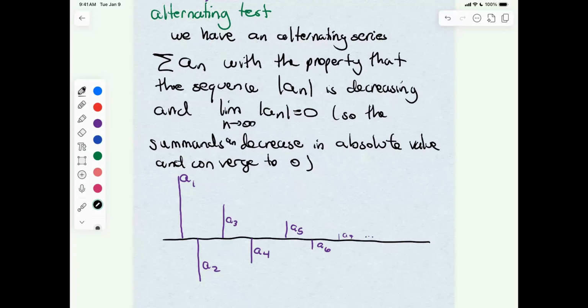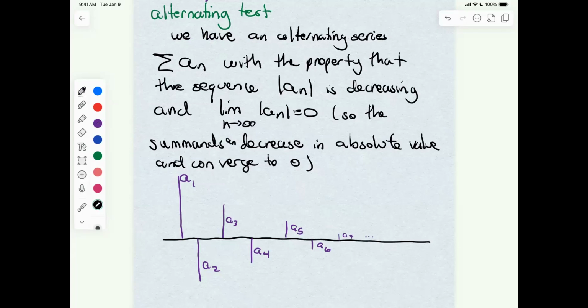Correct, yes. Anyone else? I'm almost going to wrap this up because I have bombarded you today with tests. What the alternating series test says is that under these conditions, the ordinary series converges.